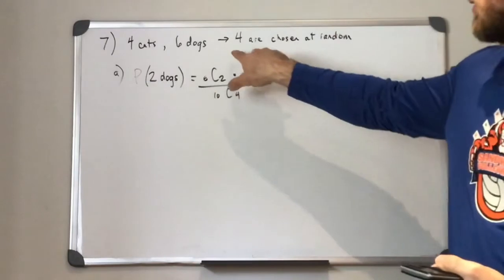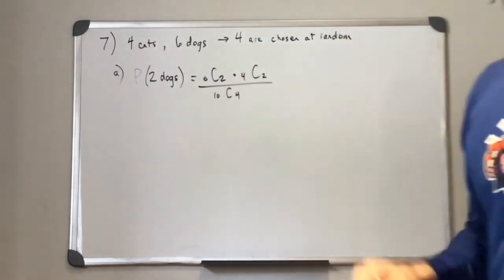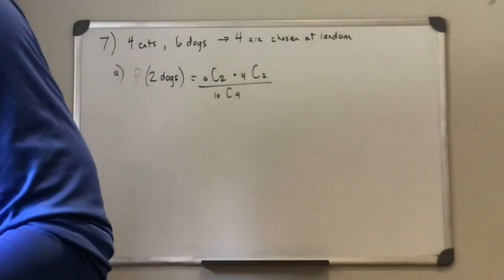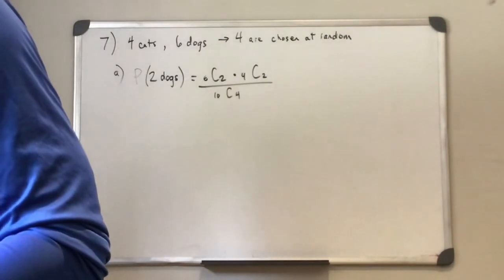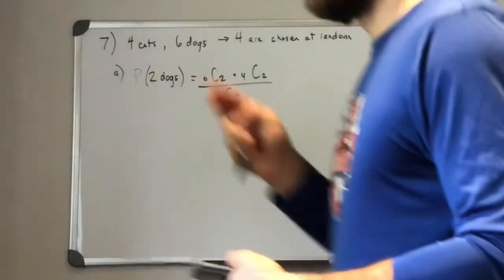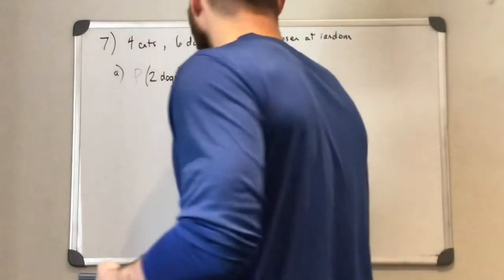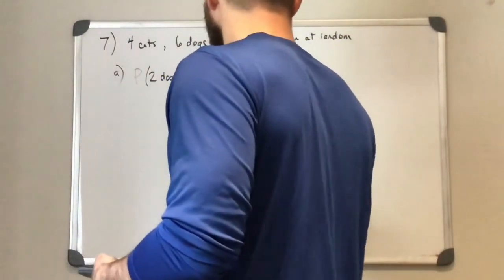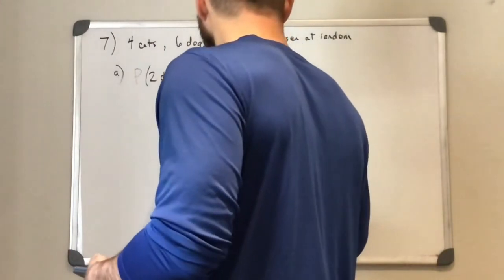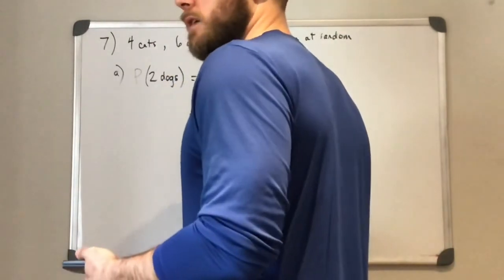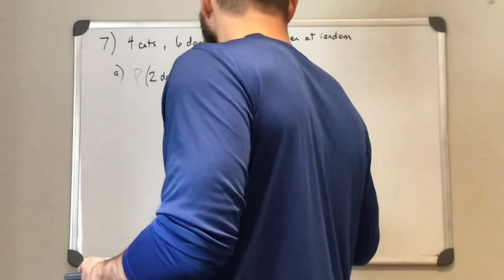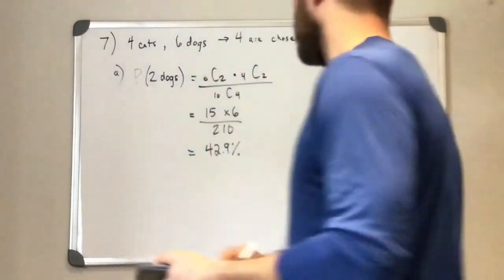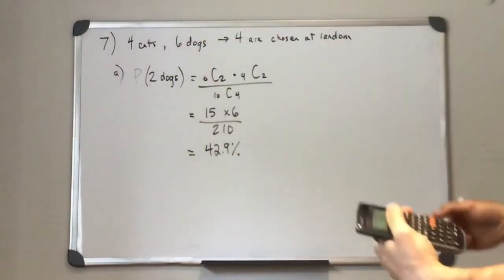Now, I think in my solution, I'm going to have these flip-flopped, but I think we get to the correct answer there. So this is going to end up equaling 15 times 6 over 210, which is 42.9%.